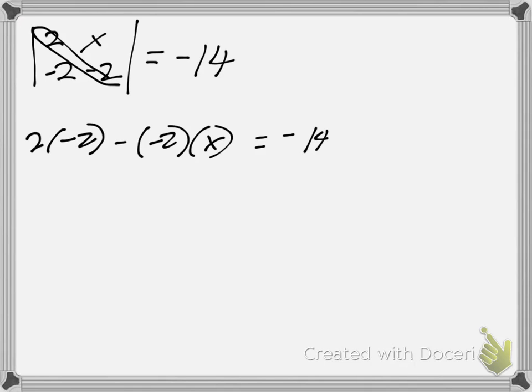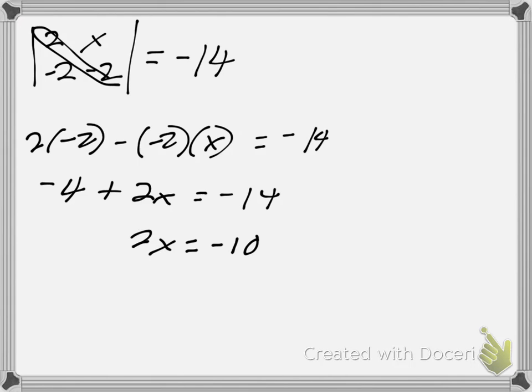Okay. So 2 times negative 2 is negative 4, minus a negative 2x, so I'm just going to go ahead and make that plus 2x, right? Equals negative 14. Add the 4 over, which gives you 2x equals negative 10. Divide by 2. X equals negative 5. Why did you divide first?